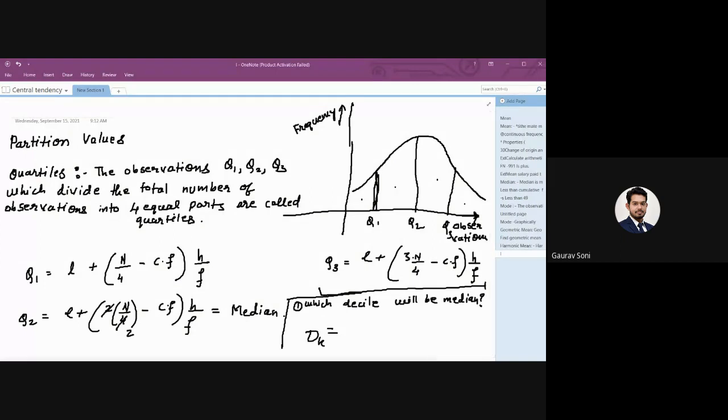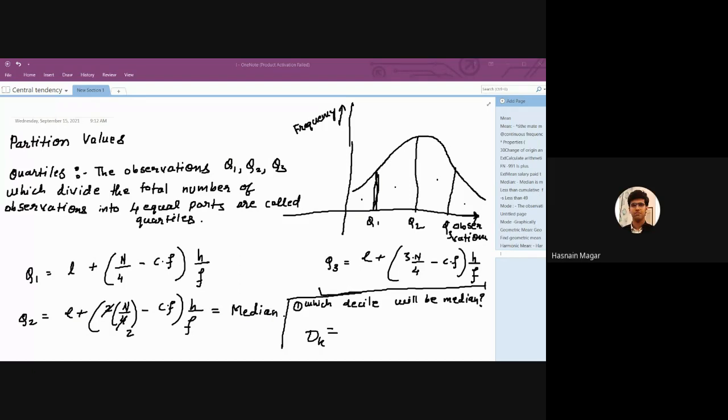Dk is equal to L plus 6 times n by 4 minus CF. Why 6? Decile means 10. You need to divide the total area into 10 equal parts. Okay, sir.